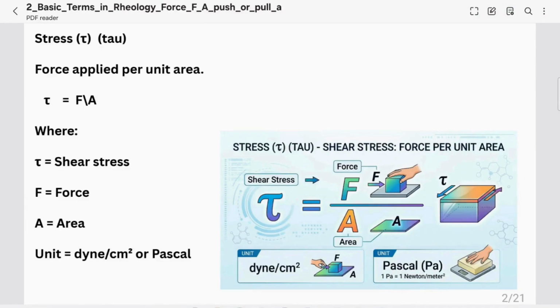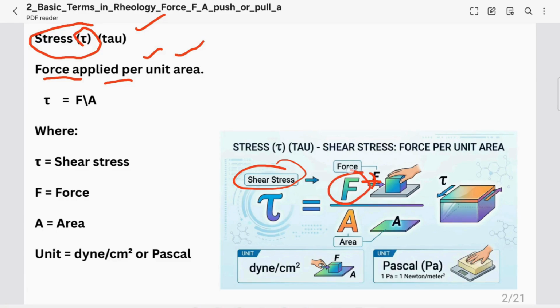The shear stress is represented by the symbol tau. What is shear stress? It is the force which is applied per unit area. Means how much force is applied per unit area, at a particular specific distance.